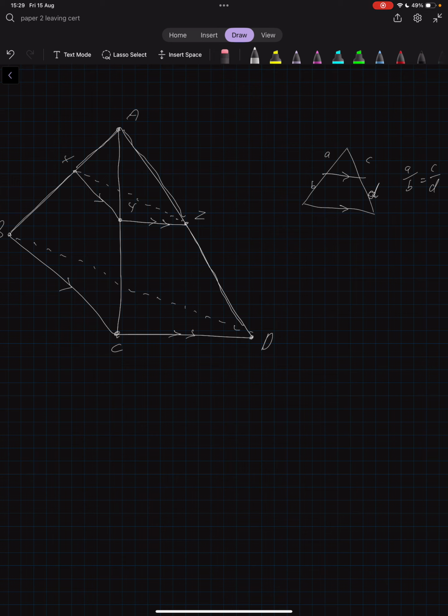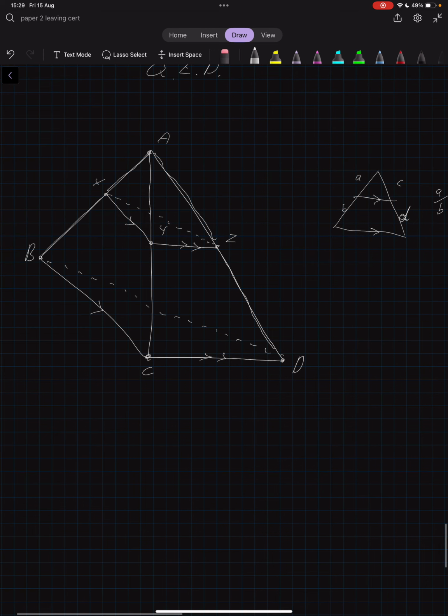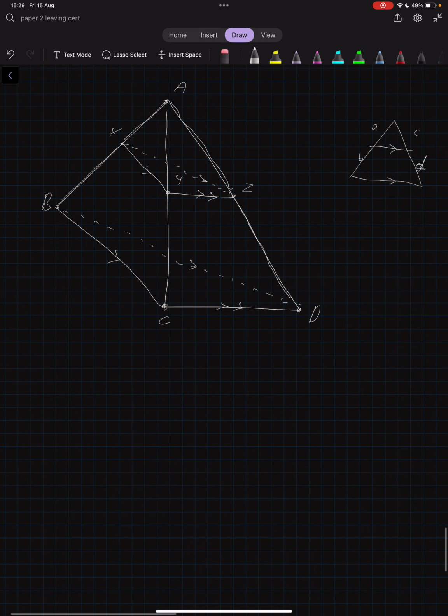So basically, that's what I want to show. Assuming these lines here are parallel, then I should get this. So what I want to prove is that AX divided by BX is equal to AZ divided by DZ.